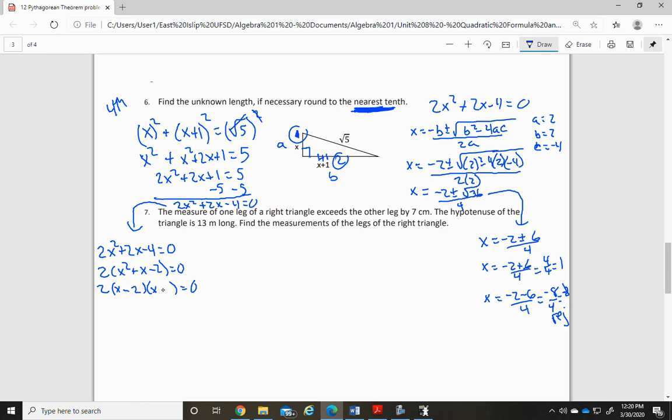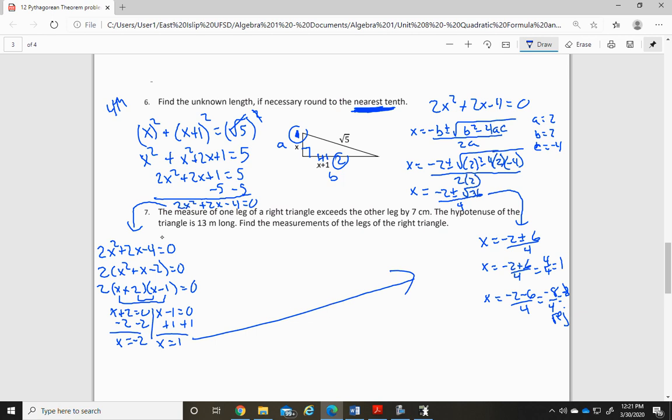Things that multiply to be negative 2 are negative, how about a positive 2 and a negative 1? Because when I do my outers and inners, now I get that 1x. So I set each factor equal to 0. And when I solve, I get x is negative 2, or I get x is 1. Notice the same exact answers that I got over here.